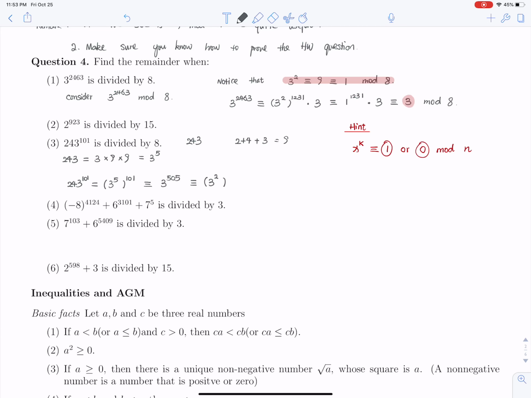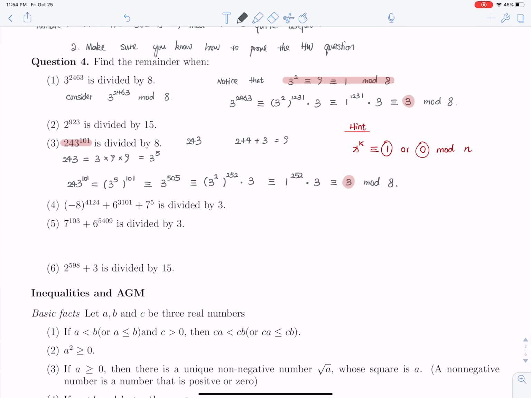Well, 505 divided by 2 will give us 252 with remainder of 1, so you times 3. This will give you 1 to the power of 252 times 3, which is 3 in mod 8. Alright, this tells us the remainder of this whole thing is 3.